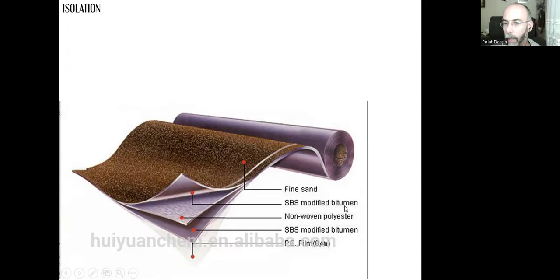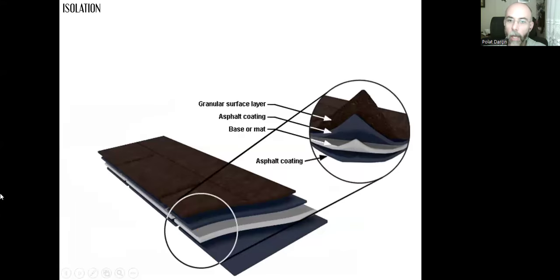There will be a modified bitumen layer with non-woven polyester or metal net or plastic net in between. One more bitumen layer, and the last finish will be again polyethylene film. We can prefer that one, and we can place the sheet where the sand will get all the sun rays.